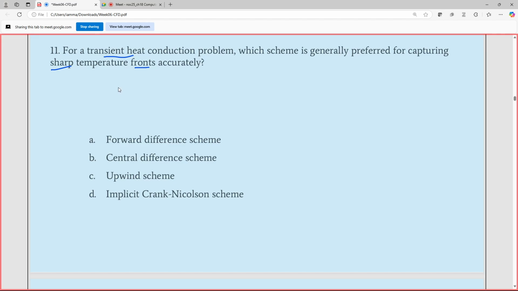So the question here is which scheme can capture the sharp temperature fronts while solving a transient heat conduction problem? Options are option A, forward difference scheme, option B, central difference scheme, option C, upwind scheme, option D, implicit Crank-Nicolson scheme.